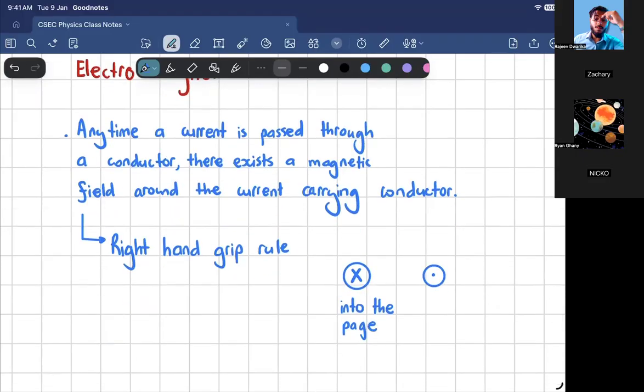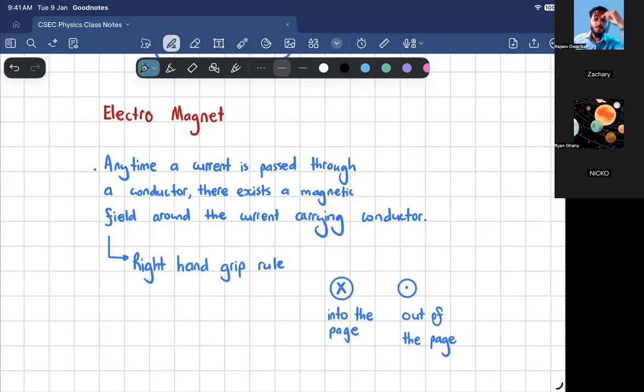Right, so X is into the page, and if you just see a dot, it is out of the page. So again, if you see an X, it means into the page. If you see an O, it means out of the page. And I guess you can remember it like that, O, out, O, out. Yeah, so copy that down, and I'll show you guys some examples of the right-hand grip rule.